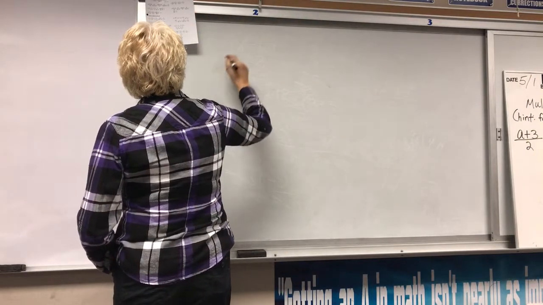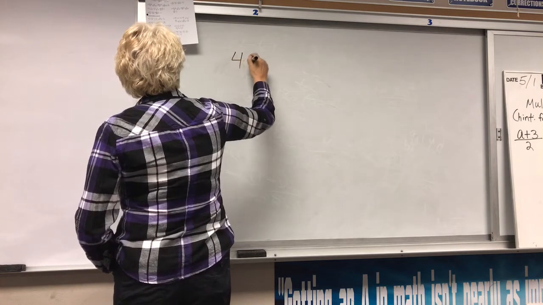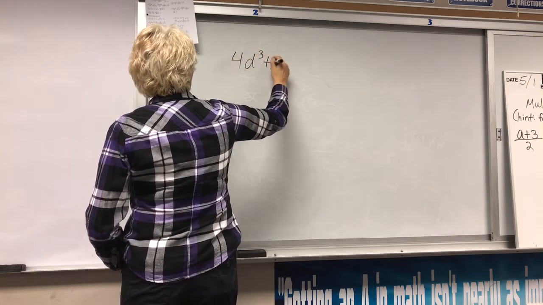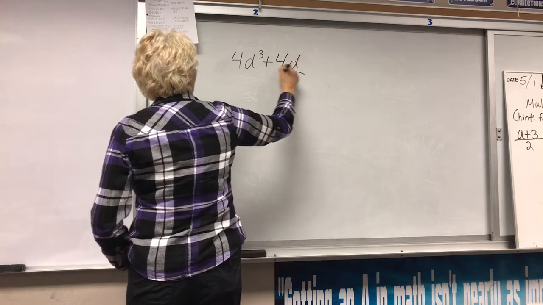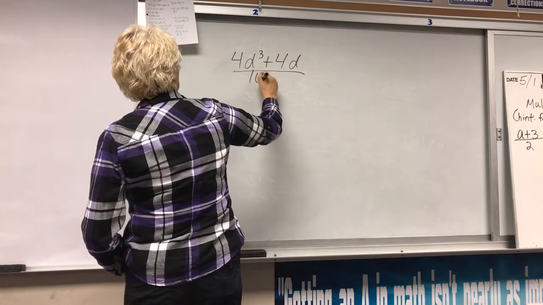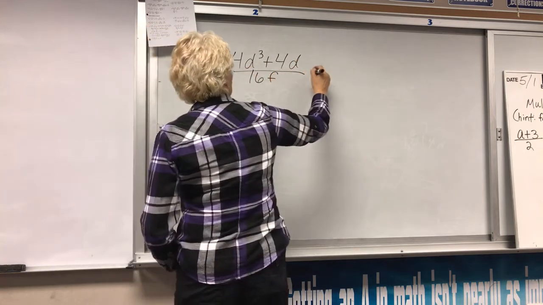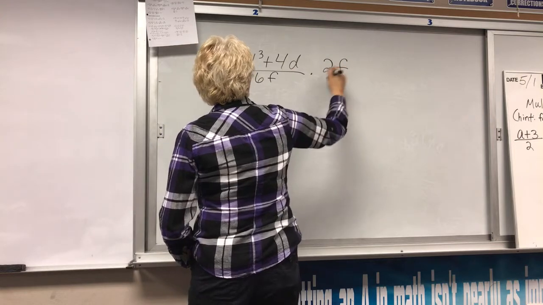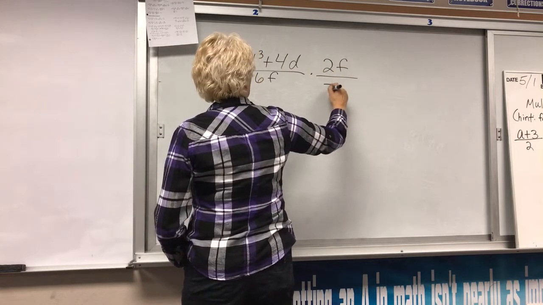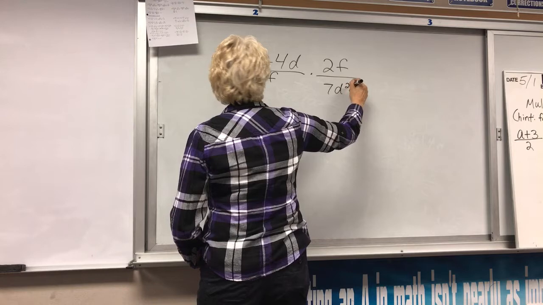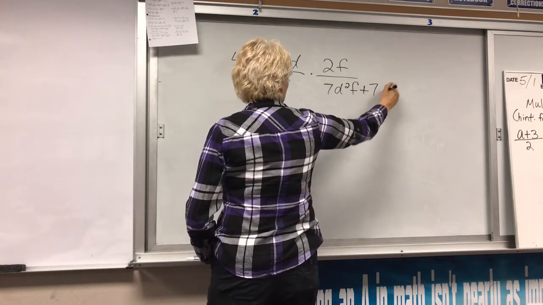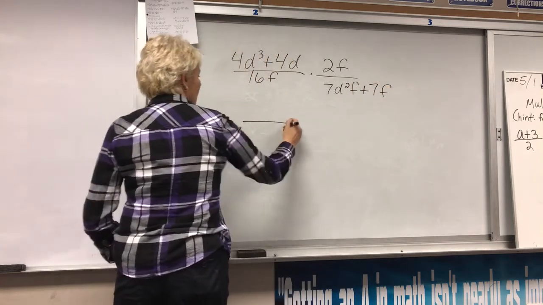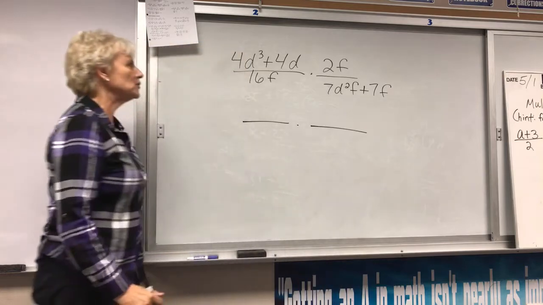Let's do 4d cubed plus 4d over 16f times 2f over 7d squared f plus 7f. Factor first.